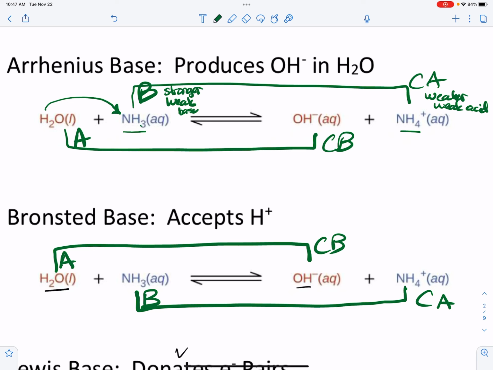And if this is a weaker weak acid, then this is a stronger weak base. By using stronger and weaker here, I don't mean to imply that those are necessarily stronger or weaker than each other. They could both be strong and do a reaction, or they could both be the same amount of weak and do the reaction. What I'm trying to do is the comparison in the conjugates based on the original. That's the comparison that I'm trying to do.